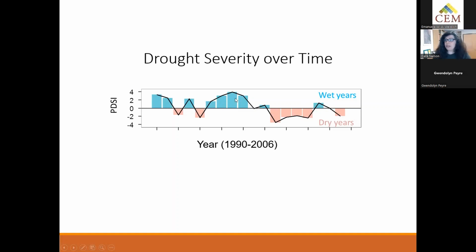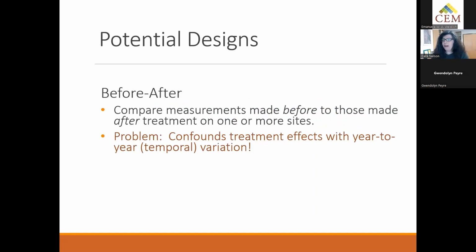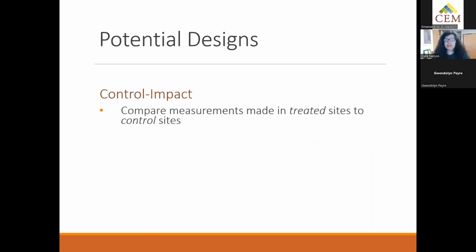There's a cycle of wet years, but they're not exactly the same. Some are wetter than others, and then dry years, there's wet years after dry years. And so the abundance of cheatgrass, the cover of cheatgrass, is going to vary based on which year you're measuring. And so because of that, if I measure before and after, I'm going to see a difference. It may have nothing to do with my treatment. So we have entirely confounded the treatment effect with background changes over time. Okay, I've just said this, it confounds treatment effects with year-to-year temporal variation.